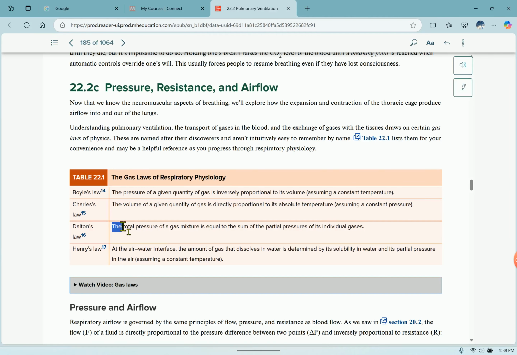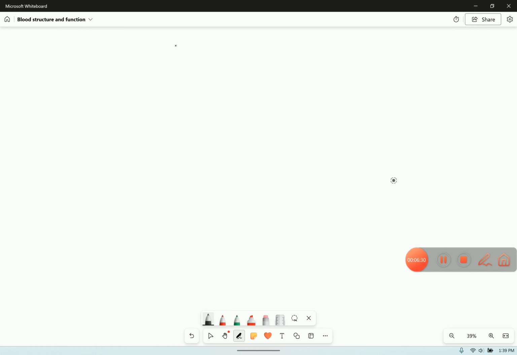Dalton's law is the total pressure of a gas mixture is equal to the sum of the partial pressures of its individual gases. Let's look at Dalton's law in layman's terms. Okay, so first, know that gases are everywhere.